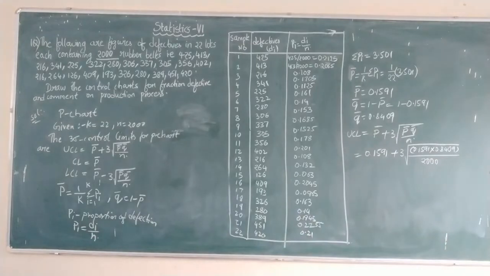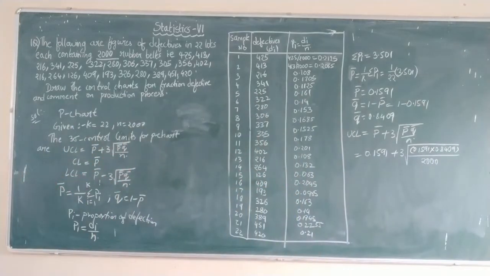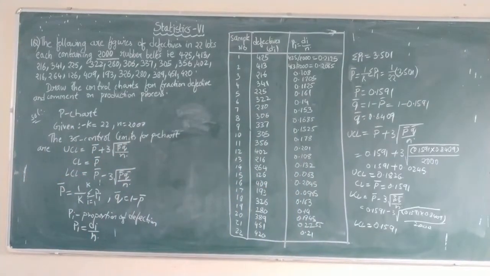By solving this you will get the UCL value, and similarly if you put minus you will get the LCL value. So solve it, you will get the UCL, CL and LCL.